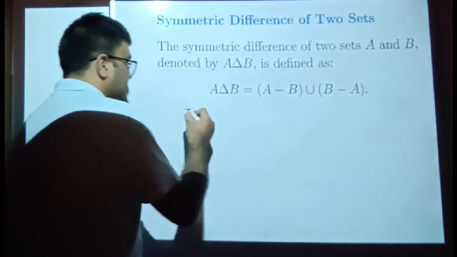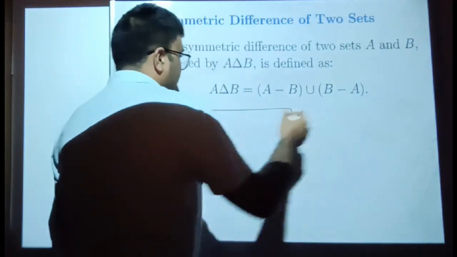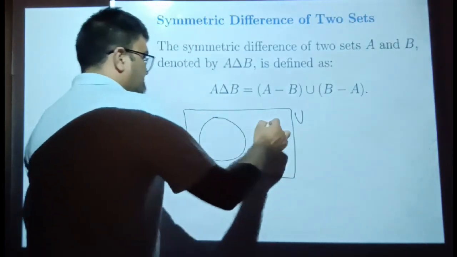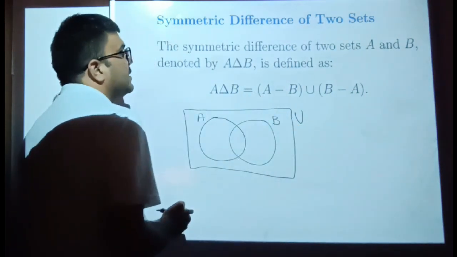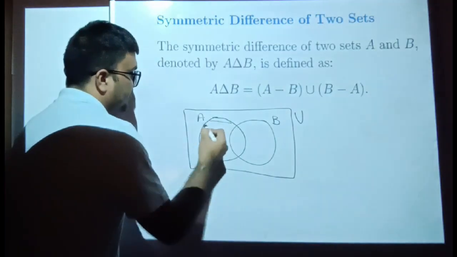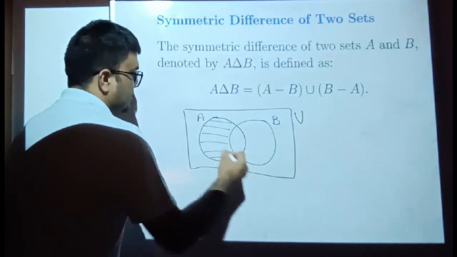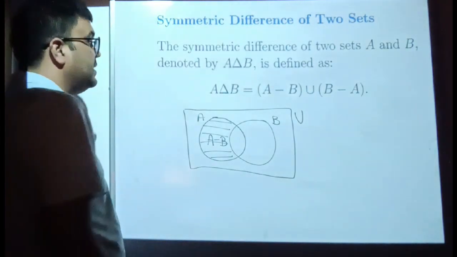Let us try to understand what we mean by this operation. We have the universal set. We have 2 sets A and B. What is A minus B? From A we have removed the portion of B. This is A minus B. What is B minus A?